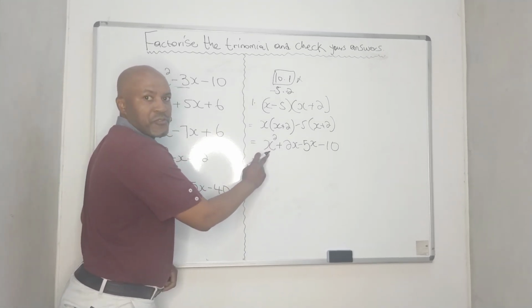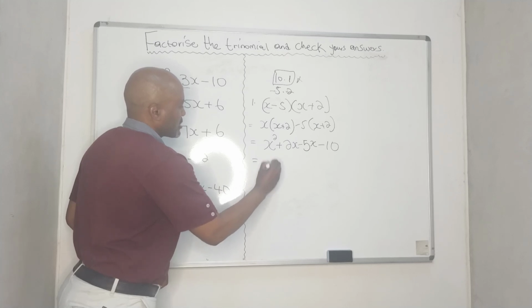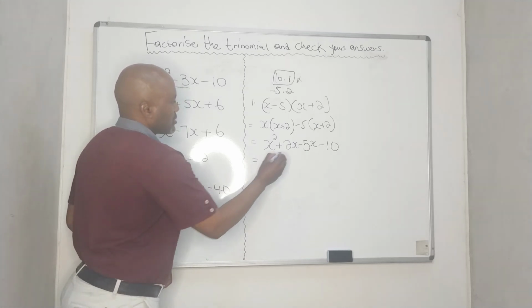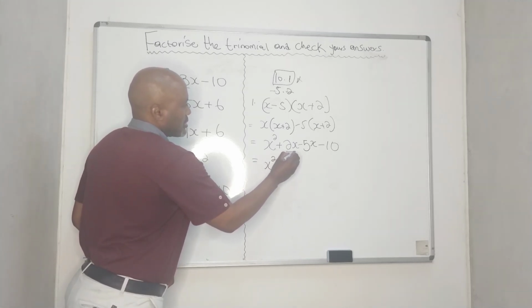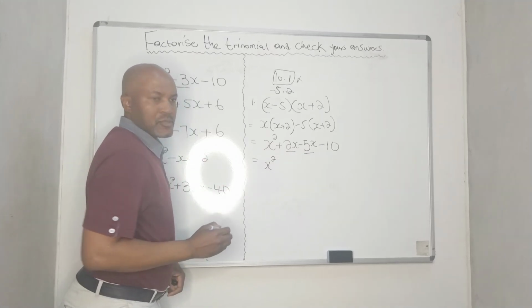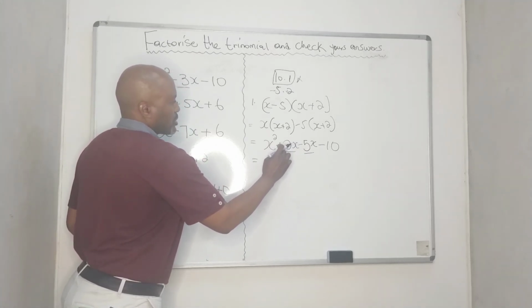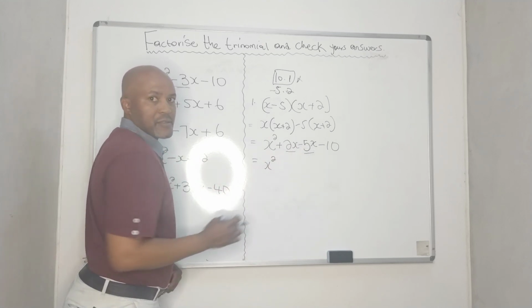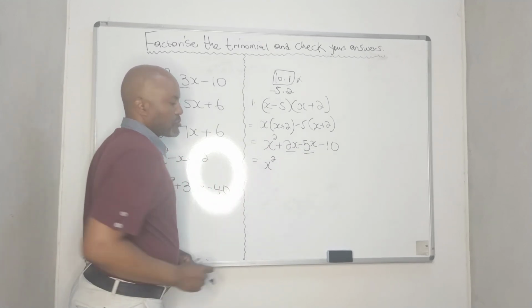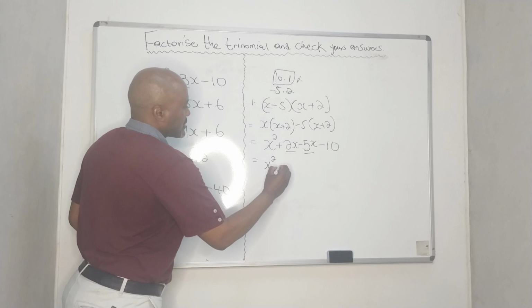This one has got no friend, so we just drop it down. Then these are like terms, and we're going to add them. Positive 2x minus 5x, you get what?